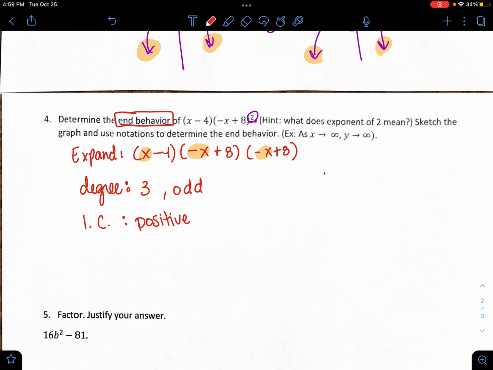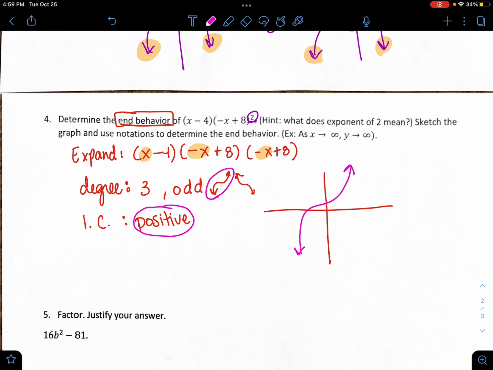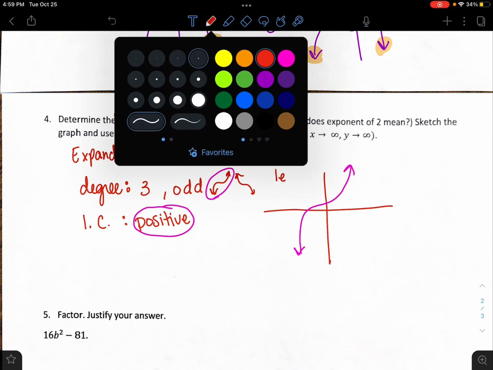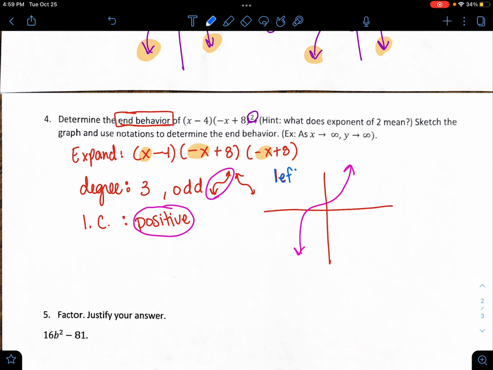Okay, so I'm going to sketch my graph. Since it's odd, it's different direction. It's either this or this. Since it's positive, it's increasing, it's going up. So now I'm going to find the end behavior. Let me use a different color. On the left side, x approaches negative infinity.